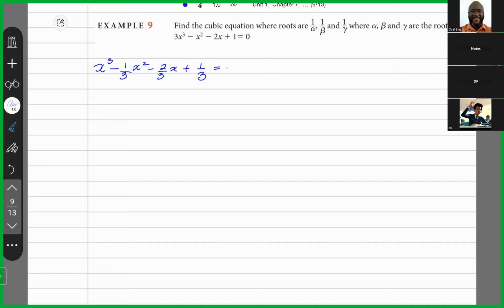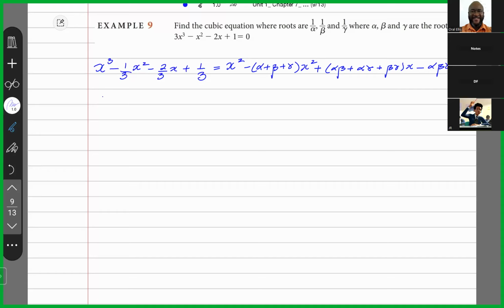So this equation is actually equal to x cubed minus (alpha plus beta plus gamma) x squared plus (alpha beta plus alpha gamma plus beta gamma) x minus alpha beta gamma.